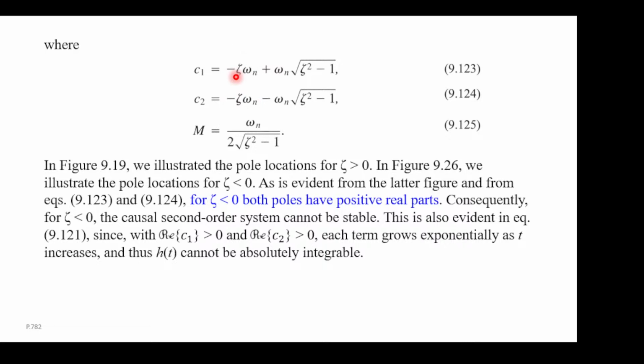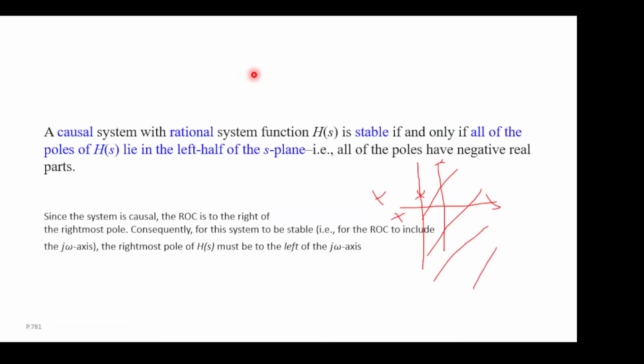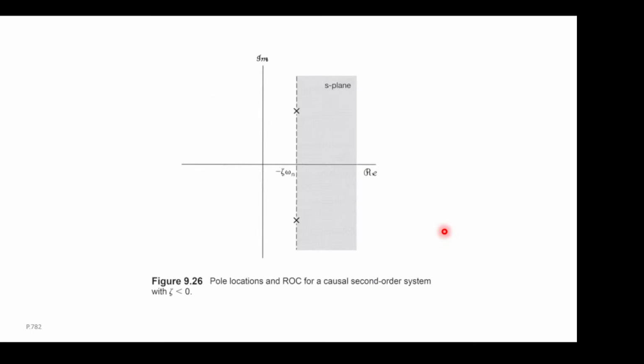If the real part is positive, then your ROC is going to be to the right of your imaginary axis, and your system will be unstable.